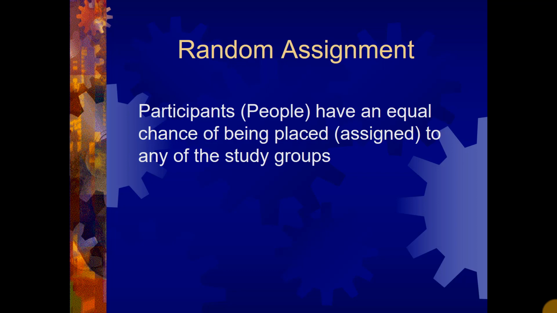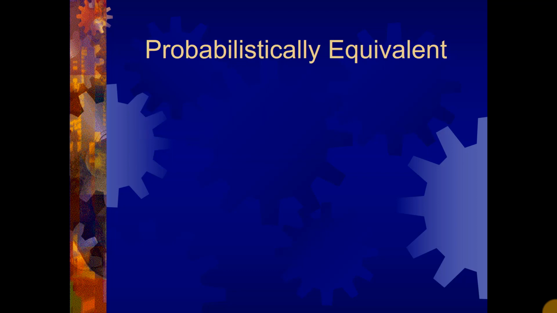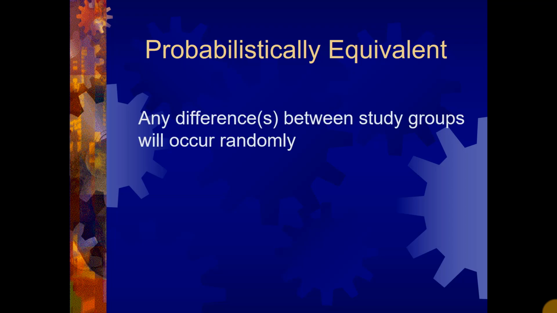The experimental group is going to get the intervention and the control group is not. But the key here is that everyone initially had an equal chance of being put into one of those groups. This makes the two groups what's called probabilistically equivalent. This is just a fancy way of saying any differences between the study groups will occur randomly.